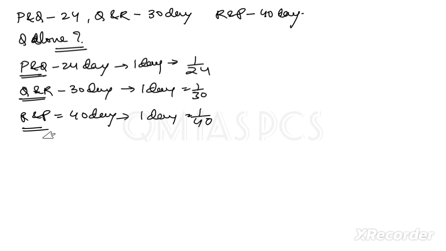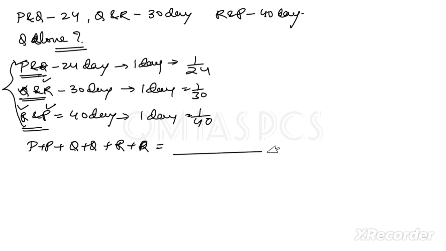If you add all three, there will be 2 times P, 2 times Q and 2 times R. So it will be P plus Q plus Q plus R plus R. Here we have 1 by 24, 1 by 30, 1 by 40.